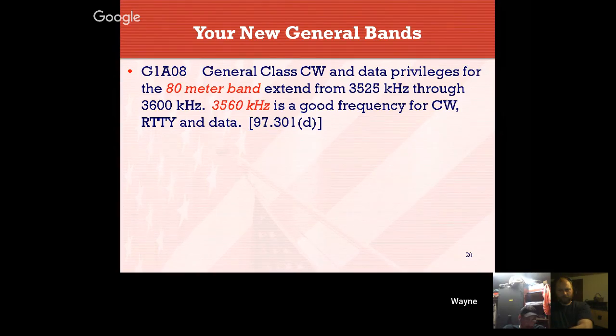W1AW at ARRL headquarters in Newington, Connecticut, has a schedule in which they do various speeds of CW for practice. They broadcast that out, and generally 80 meters is a good place to hear the W1AW signals, particularly in the evenings, which is really the time that they mostly do that.